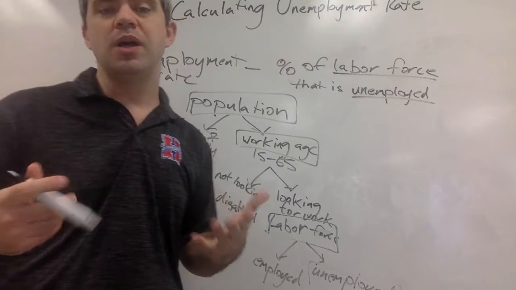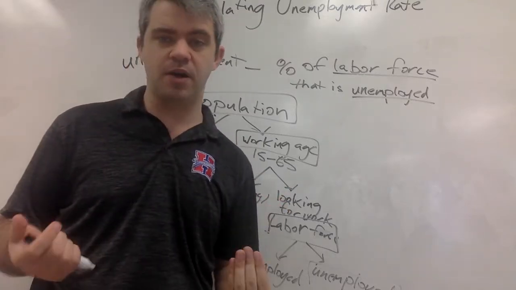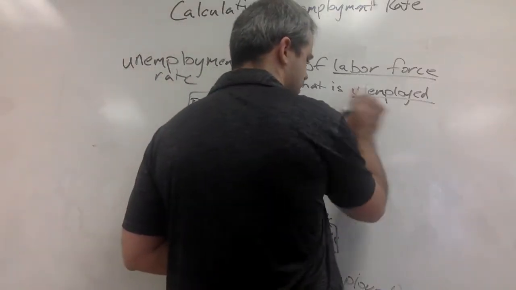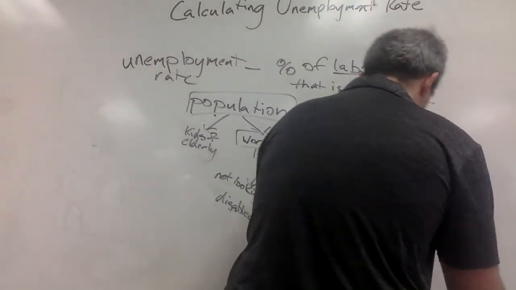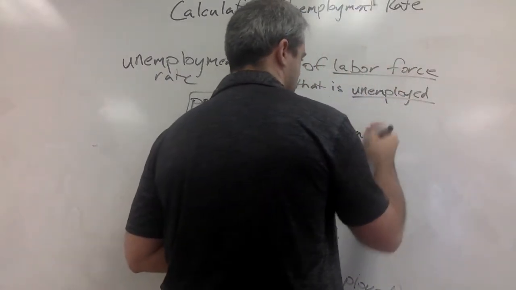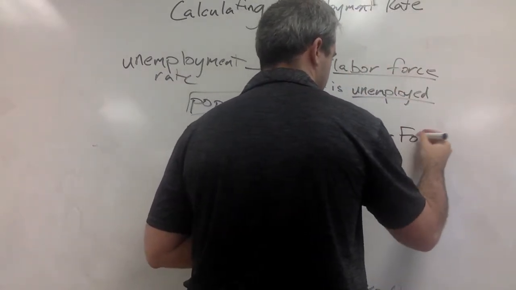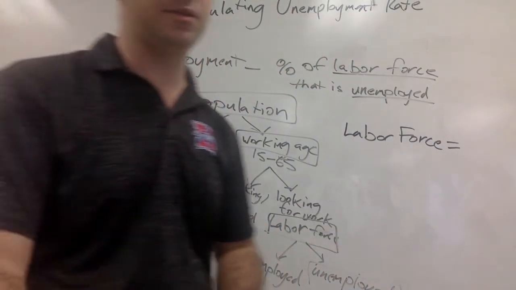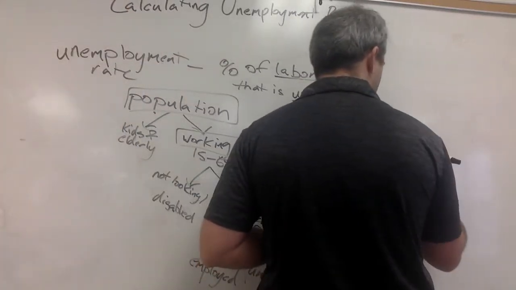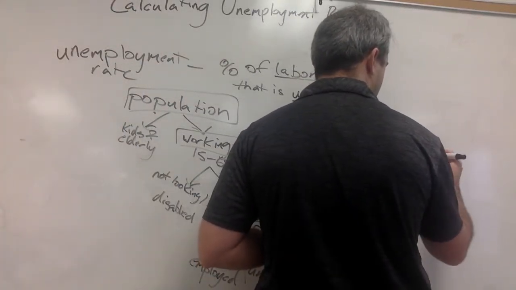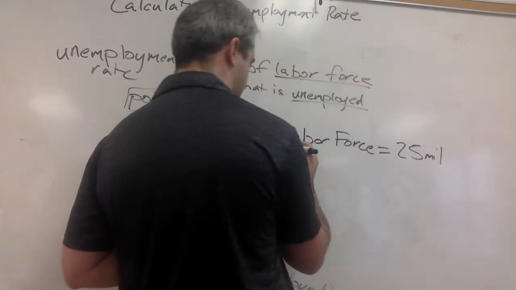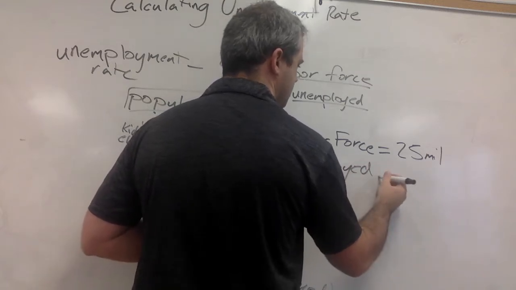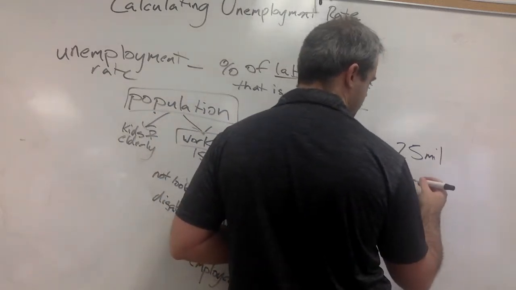So real quick, let's actually calculate the unemployment rate. Let's say our labor force is, I don't know, 25 million, and unemployed, we have 2 million.